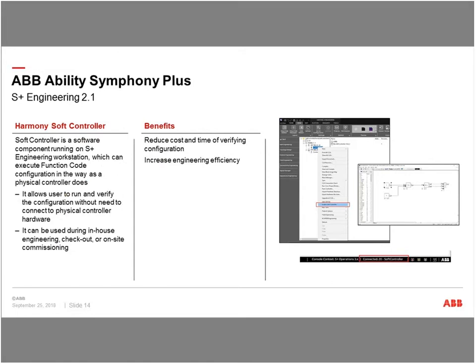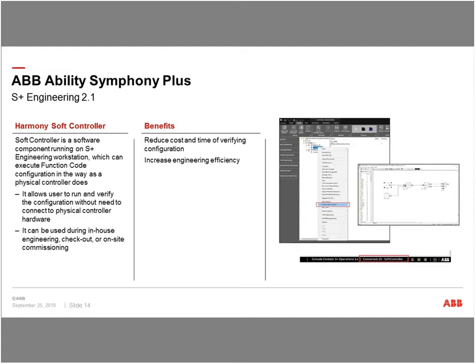So you can see from the screenshot, this functionality is fully integrated in the engineering tool. On any controller in your hardware tree, you can right-click, and there's an additional new command item called Enable Soft Controller.